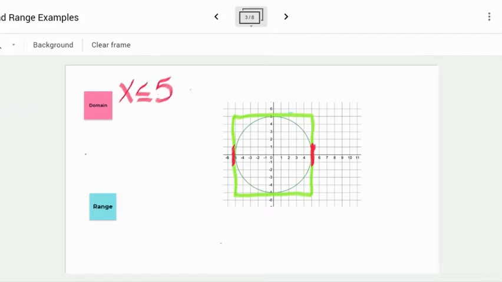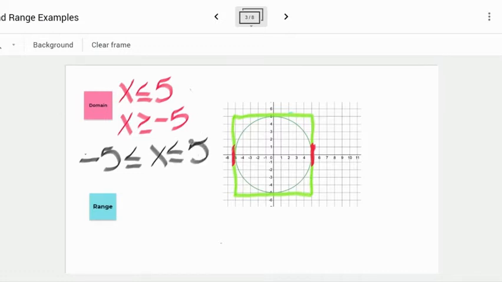And when you go to this side, all the values are greater than or equal to -5. We're not going to just leave it like that. We're going to write it in a nice inequality sentence as one fluid sentence. So that is going to be -5 is less than or equal to x is less than or equal to 5. Later on, you'll probably learn about set notation, but for right now, this is just fine.